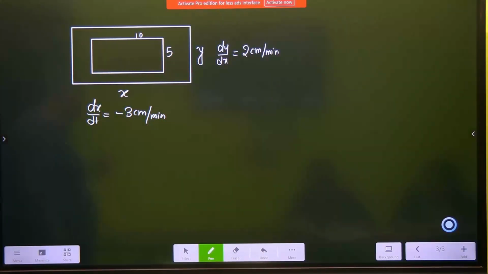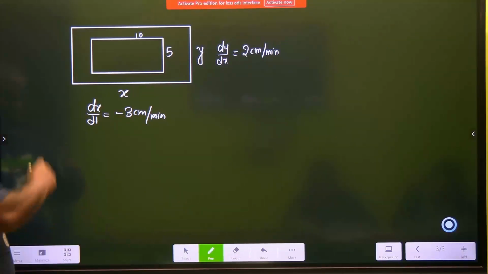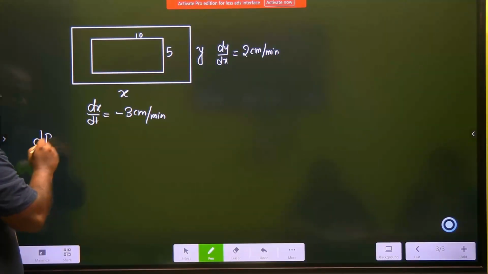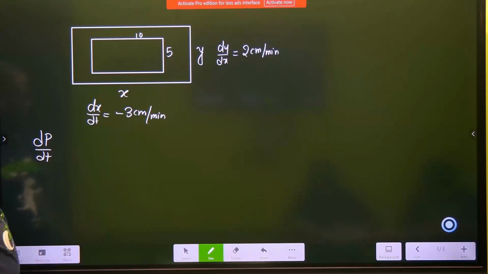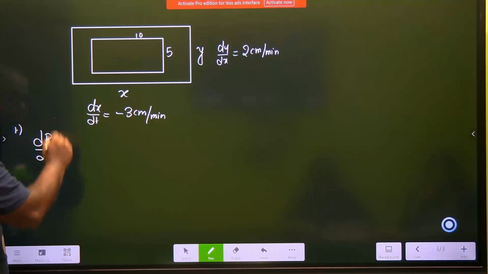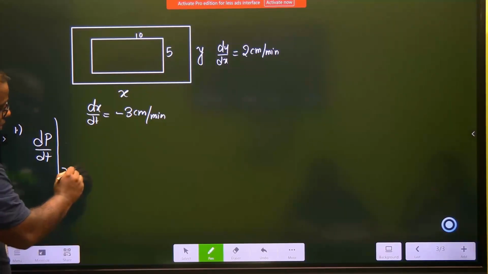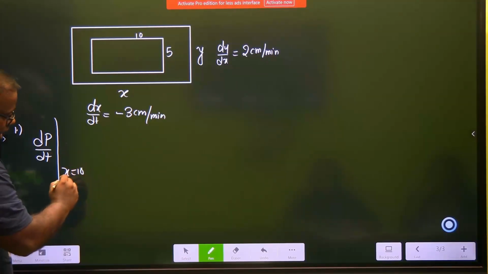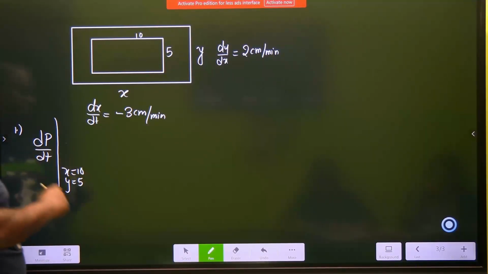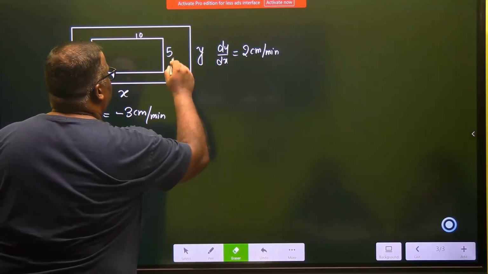Find the rates of change of A, the perimeter, and B, the area of the rectangle. So I have to find the perimeter's rate of change, dP by dt, number 1. But when do you find it? When x takes the value of 10 and y takes the value of 5. Is this 6 or 5? 6. Okay, let's make it 6.